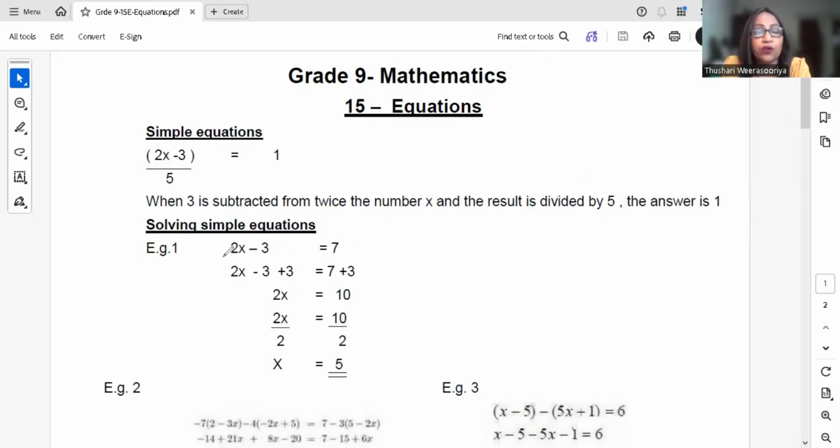I want to remove the unwanted terms. First, you remove the furthest number, that is minus 3. To remove this, you add plus 3 to both sides. Then 2x equals 10. Then to remove this one, that is multiplication, divide by 2 on both sides. Then x equals 5.